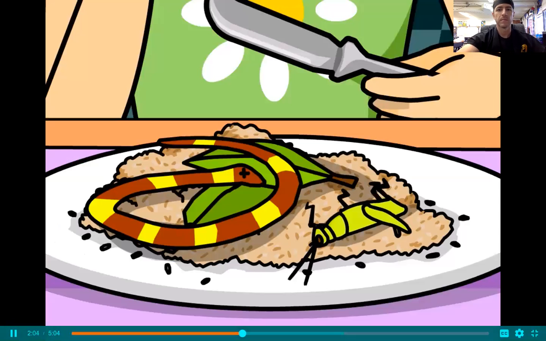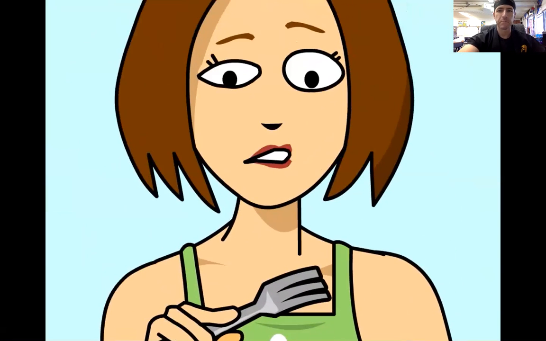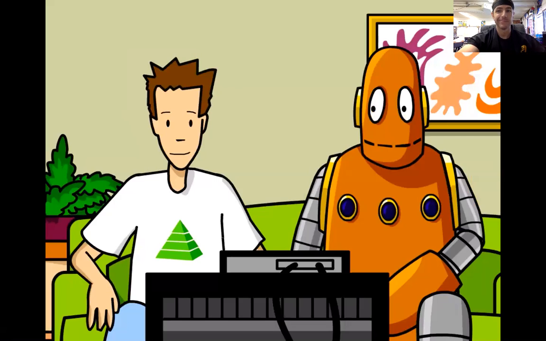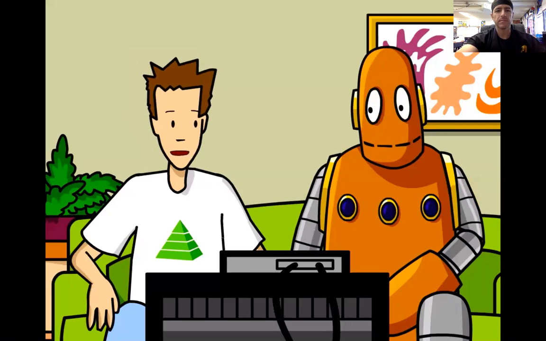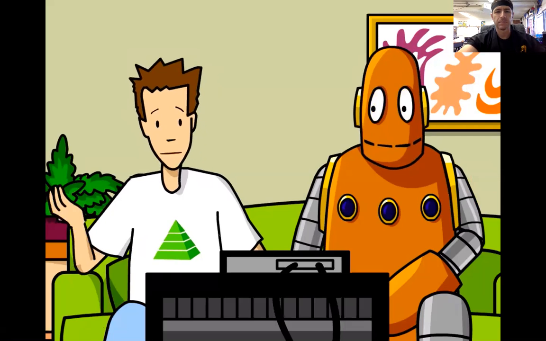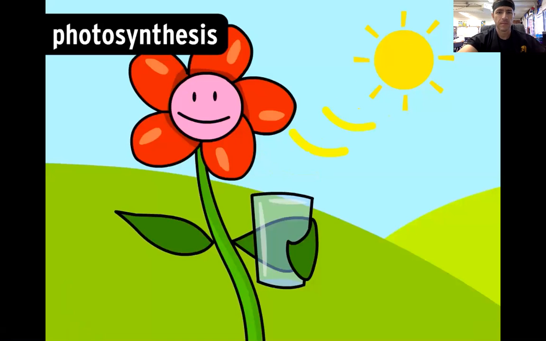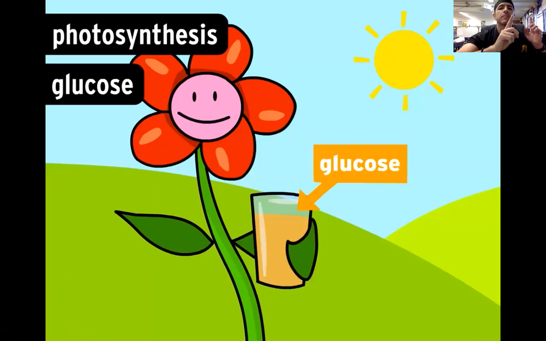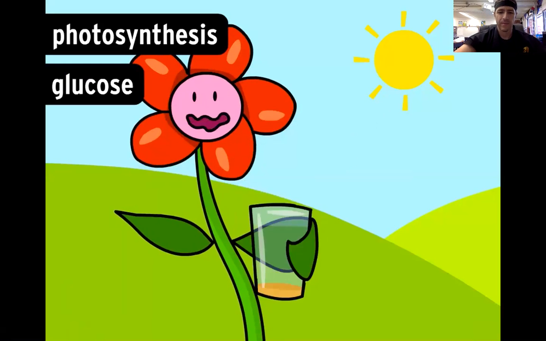Well, yes, leaves, grasshoppers, and snakes are delicious in certain cultures, I guess. Yeah. But that's not it. Animals eat to gain energy. It all starts with producers. They create all of the usable energy in an ecosystem, and that's why they're called producers. Through the process of photosynthesis, they convert the sun's light energy into chemical energy, specifically a simple sugar called glucose. Glucose is the fuel that drives all living organisms.